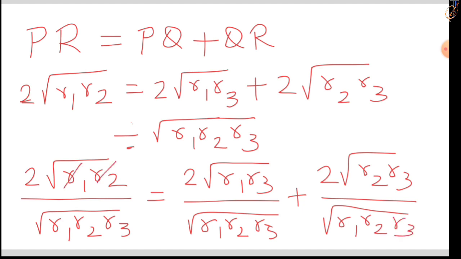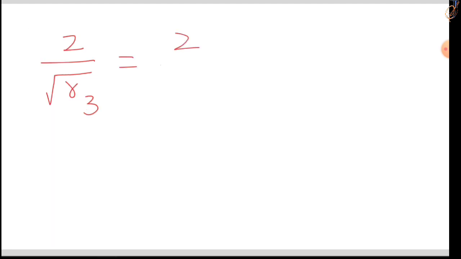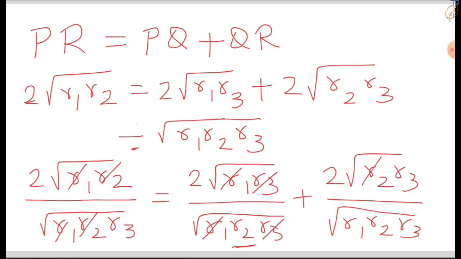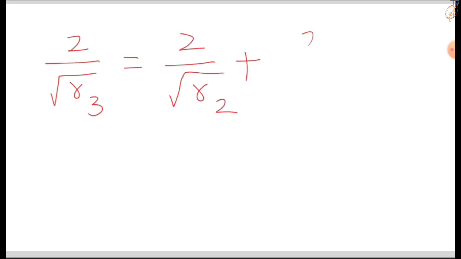Here R1 R2 gets cancelled, then you will get 2 by square root of R3. On the right, R1 R3 gets cancelled, so you are left with 2 by square root of R2, plus, here R2 and R3 get cancelled, then you have 2 by square root of R1.